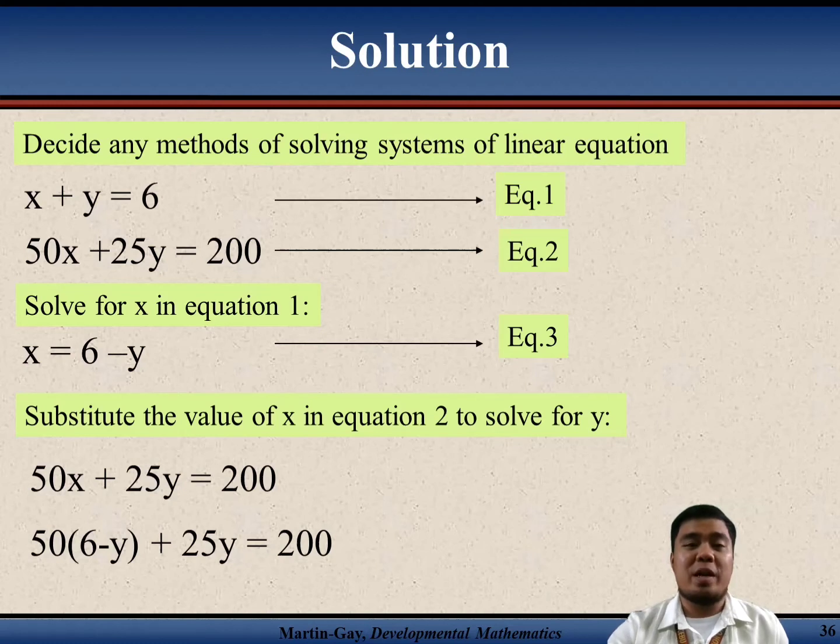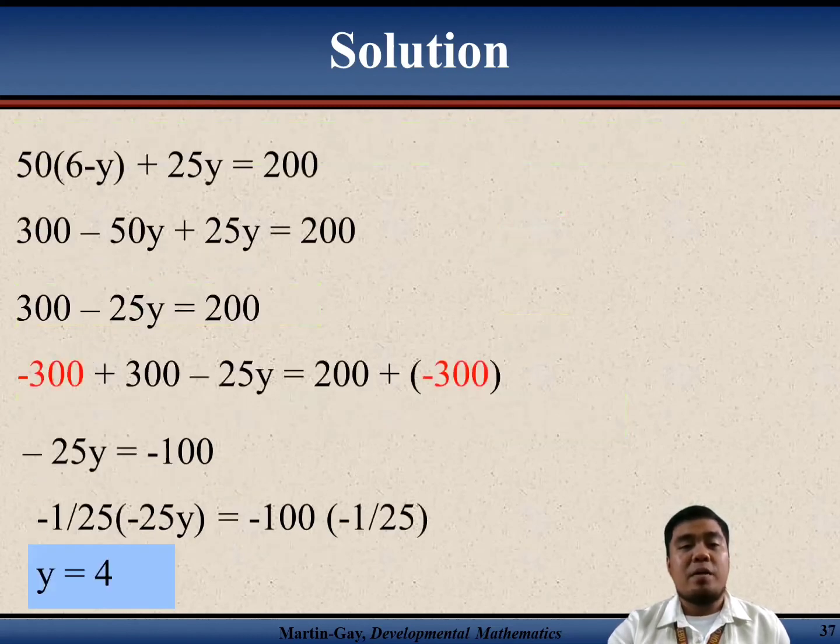By the distributive property, which we already know, I will distribute 50, and that will become 50 times 6 is equal to 300, and 50 times negative y is equal to negative 50y, plus 25y is equal to 200. So I will continue the simplification process. That is 300 minus 25y is equal to 200.